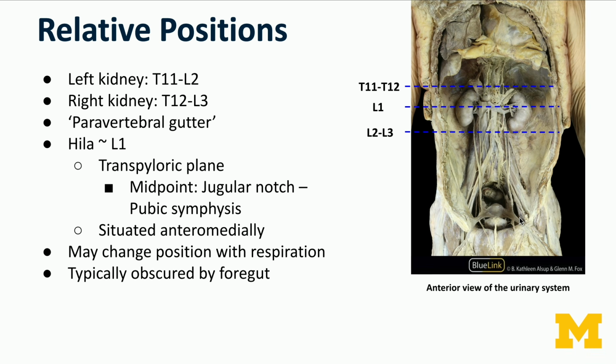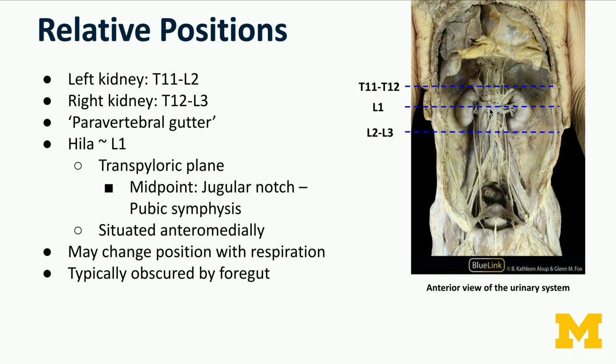In particular, we can see a left kidney and a right kidney, and we can see how they are sitting lateral to the vertebral column as well as the aorta and vena cava.